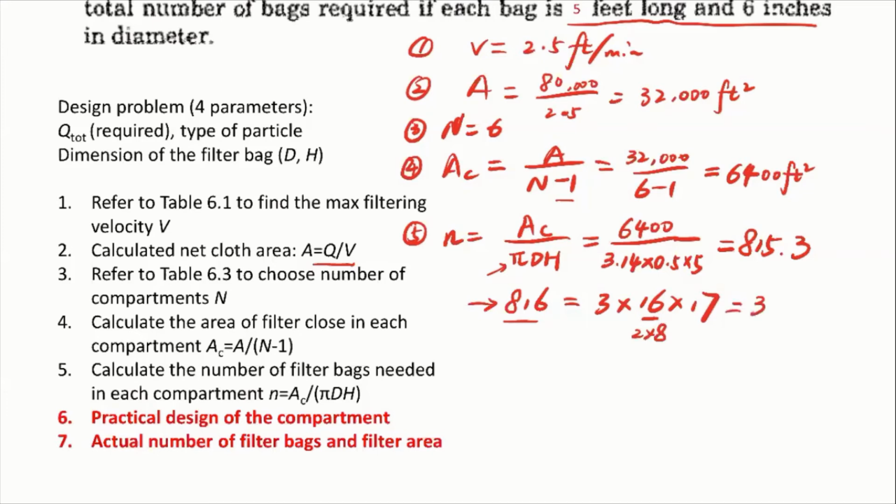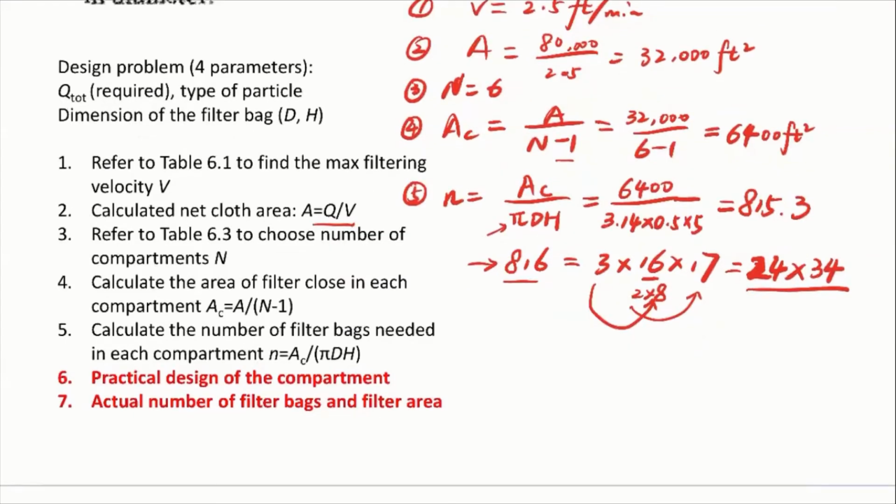So you have basically 24 multiplied by 34. Okay, 2 multiplied by 17, 3 multiplied by 8. You have this arrangement here. So in this way, you can have a somewhat more practical dimension of the filter bag, right? It simply means that there are 24 rows and 34 columns.